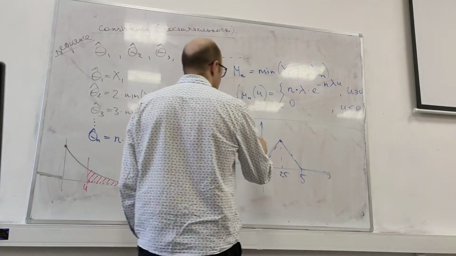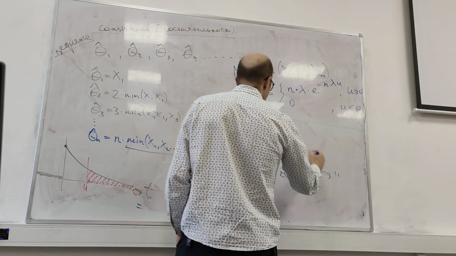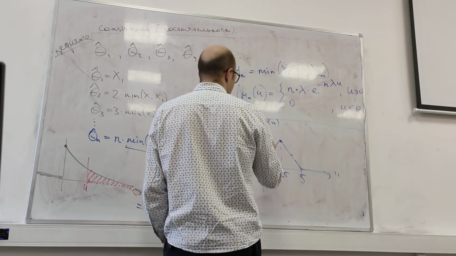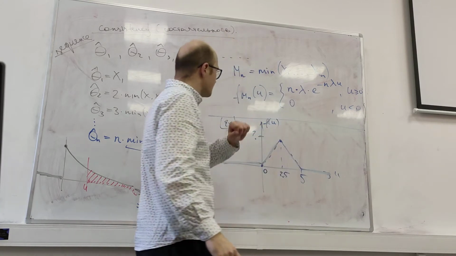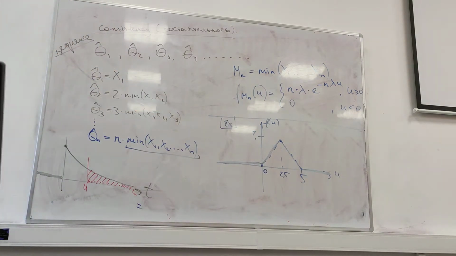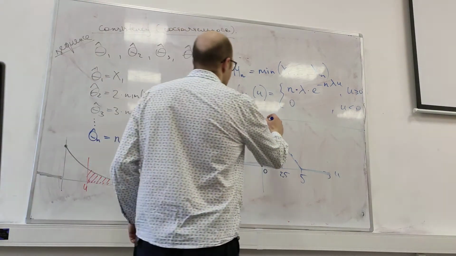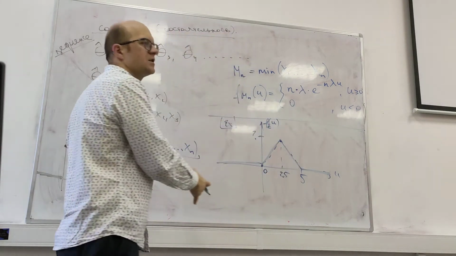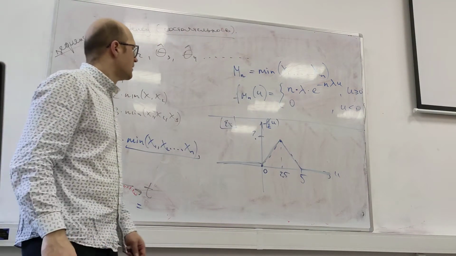This is u, this is f of u. So first, what is this number? You know that this is a density function of some random variable, I don't know, Z. This is a density function for random variable Z.